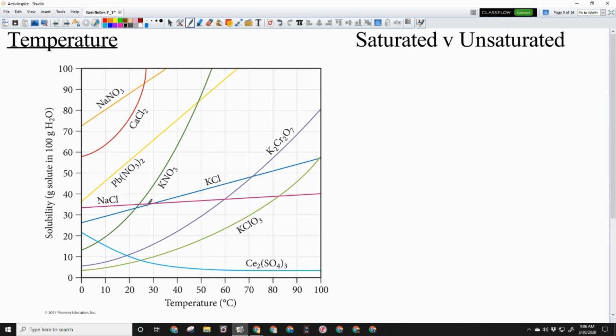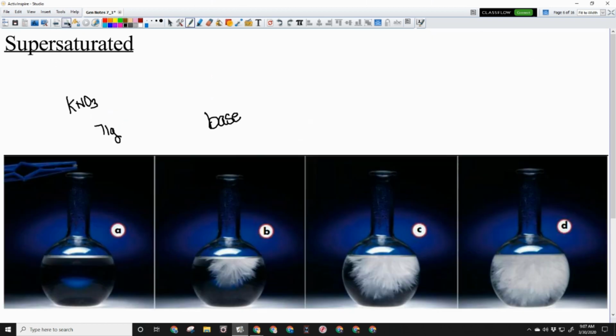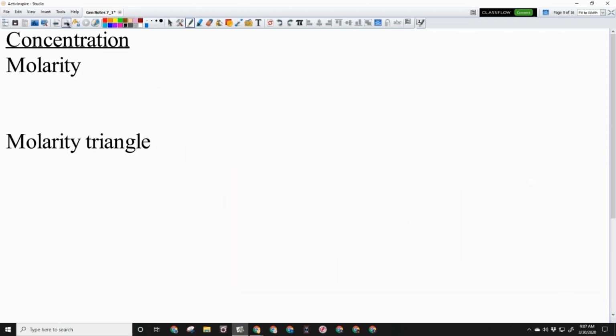The amount of solute dissolved in the solvent is what we call concentration. How concentrated is that? It's called concentration. And the unit we use to measure concentration is called molarity. Molarity, and this is going to be a capital M.